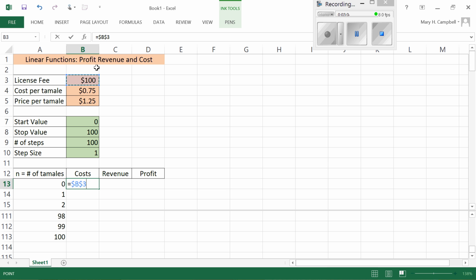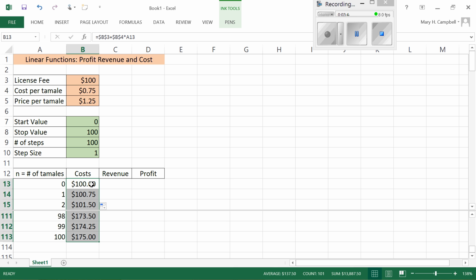And then my other costs were my variable costs, plus in there is my 75 cents, and I'll need to F4 that, multiplied by the number of tamales, which in my case is A13. So I'm not going to F4 the A13 because that is something I want to update as I complete the table. The number of tamales is going to change, but the license fee and the cost per tamale are not going to change. And then I can get my black plus in the corner and double click, and that completes the rest of my table.